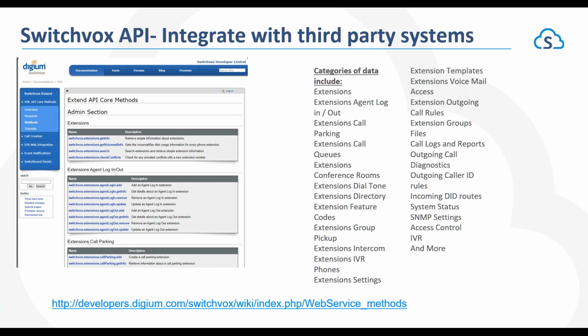They are simple HTTP-based APIs, which can help you to exchange information from Switchbox to external applications or information from external applications to Switchbox. There's a vast set of APIs that can be used depending upon what kind of customization or integration you want to achieve.